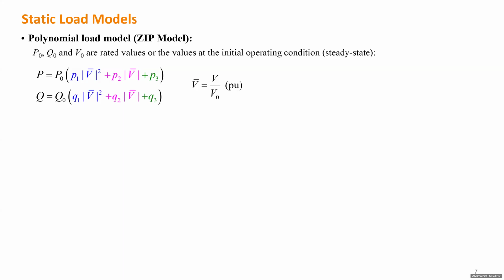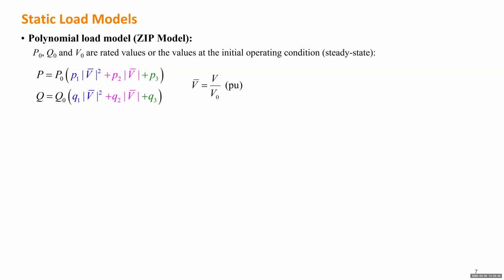And P1 multiplies the voltage squared, so P1 is similar to admittance, and 1 over P1 would be like impedance. So now you understand why we call it the ZIP model, because P1, P2, P3 define the constant impedance, constant current, and constant power components for the entire load.